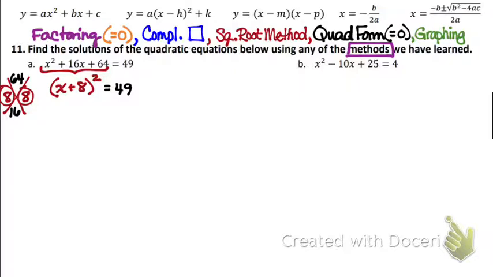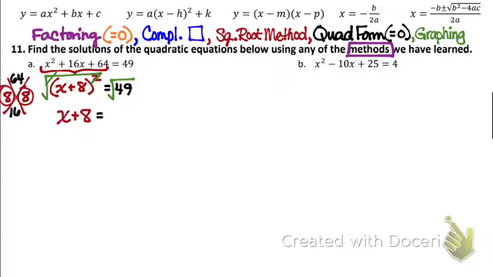When I see something like everything over here is inside the parentheses, I only have a squared on the outside, how can I get rid of that squared? How do we get rid of a squared? Square root. And if we do it to one side, have to do it to the other side. So over on the left, I'm going to be left with x plus 8.